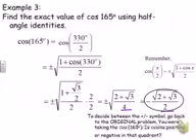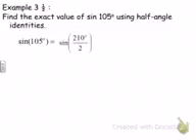All right. Let's do one more. Find the exact value of the sine of 105 degrees using a half angle identity. First of all, what angle are we looking for here? 105 is half of 210.